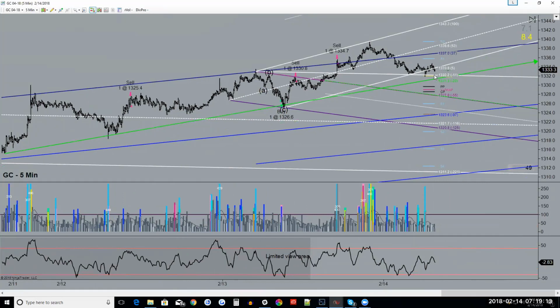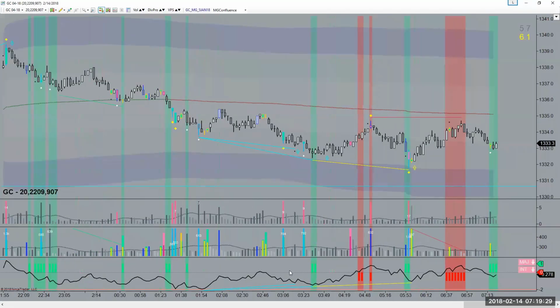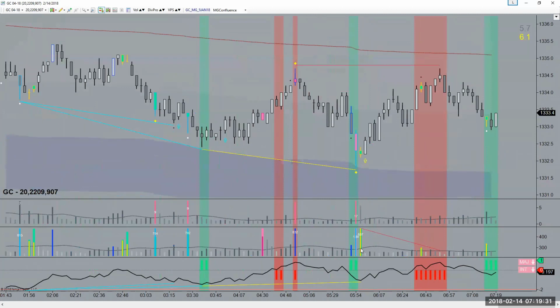I was looking at this, making potentially another tradable low right here. This might actually even be a higher low. The little low that we had right here was pretty nice looking.